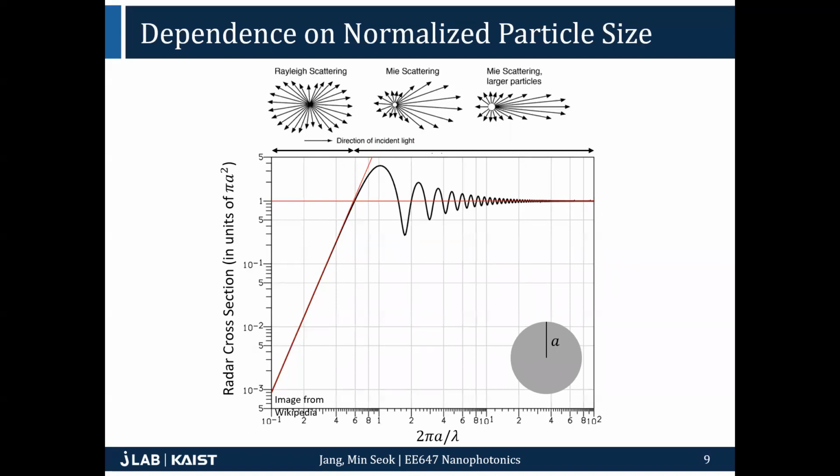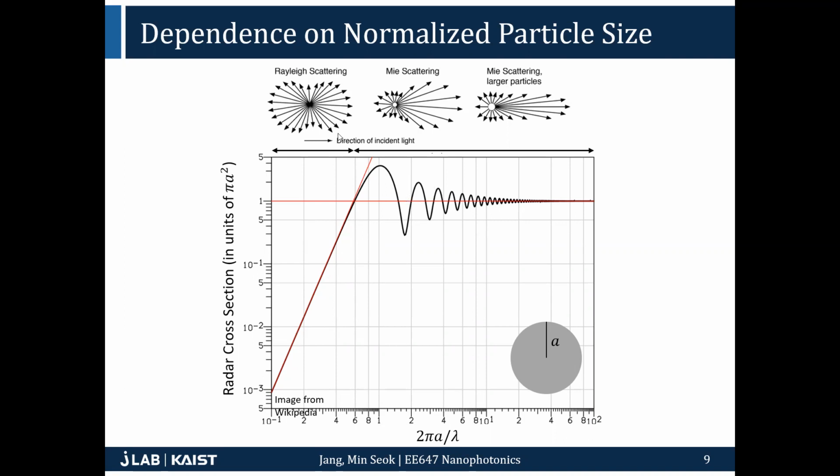On the other hand, if the particle size is much smaller than lambda, then the radar cross-section is proportional to the fourth power of the particle size. This regime is called the Rayleigh scattering regime, and in the middle, of course, the response of a particle is a bit complicated, so there's no simple theory to explain this regime.